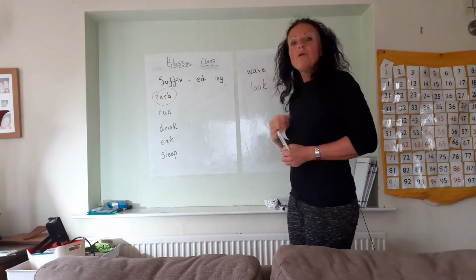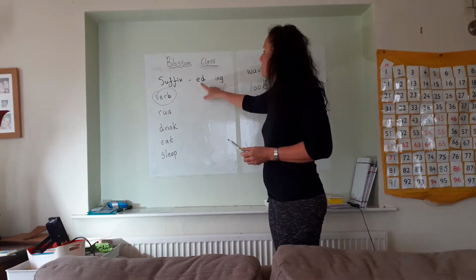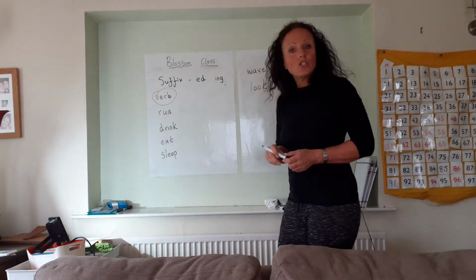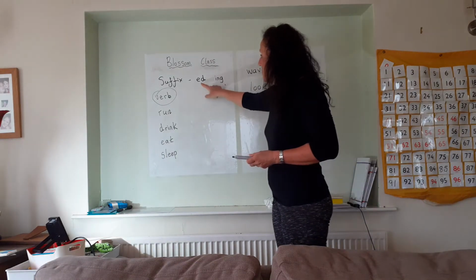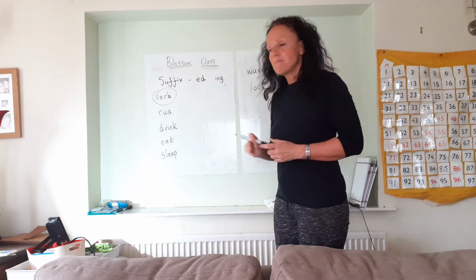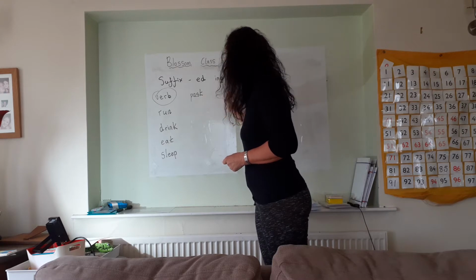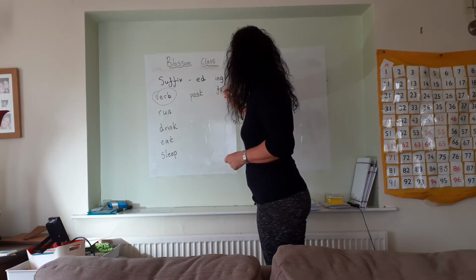Now, we want to use the verb in a sentence and we're going to be using these suffixes at the end to change the meaning. Now the first one, this one, is when you do things in the past. Okay, so I'm going to put past here and I'm going to put future here.